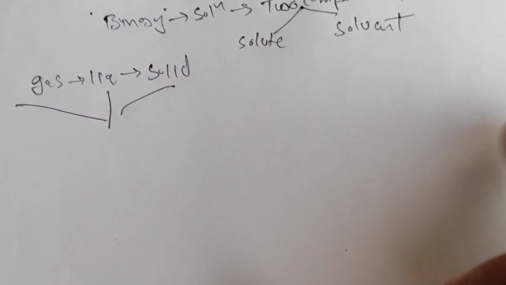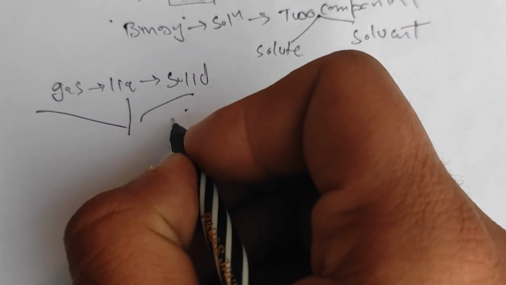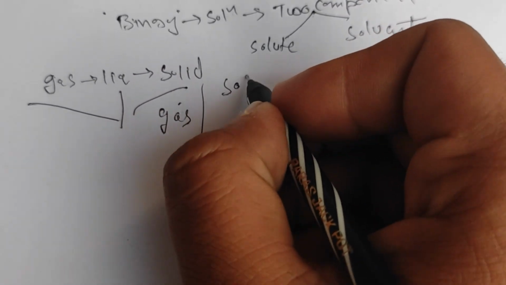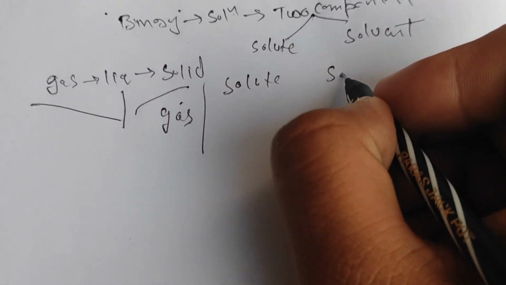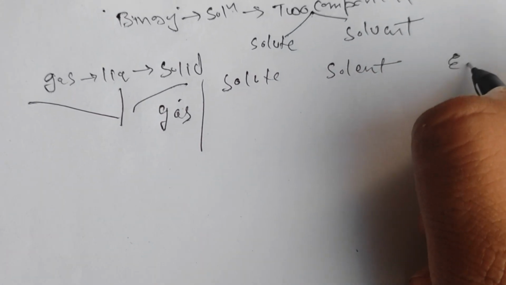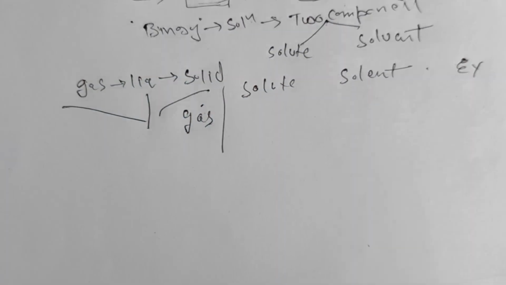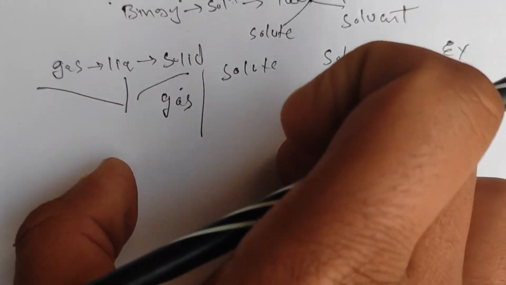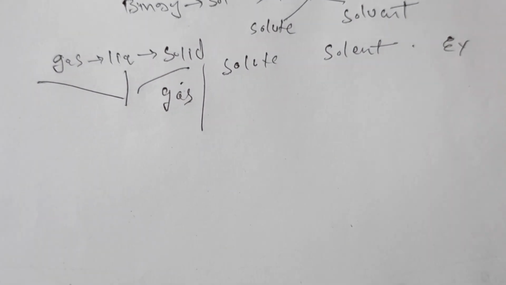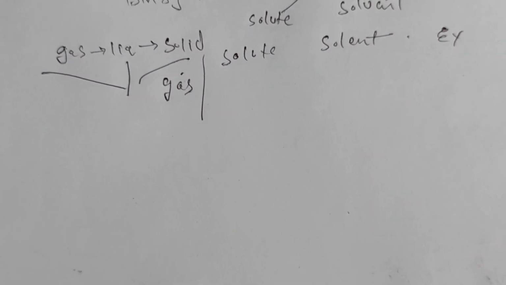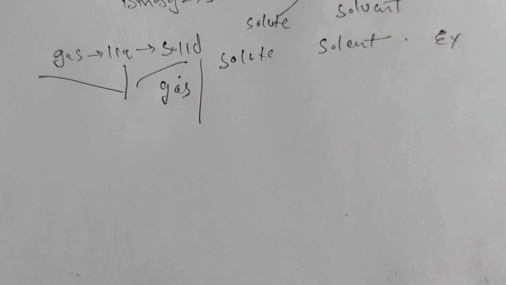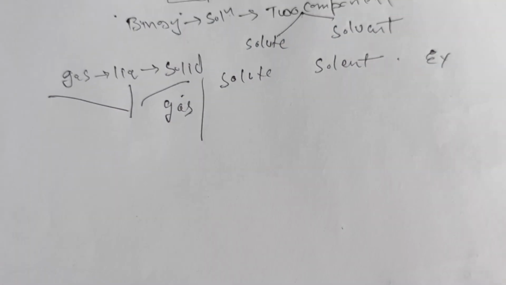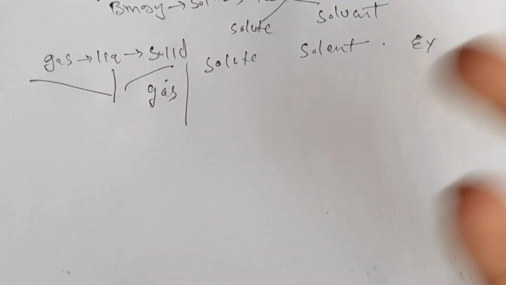First we take our solvent as gas, meaning the large amount part of the solution is gas, and we fix the gas and vary the solute with the other matter, gas, liquid, and solid.